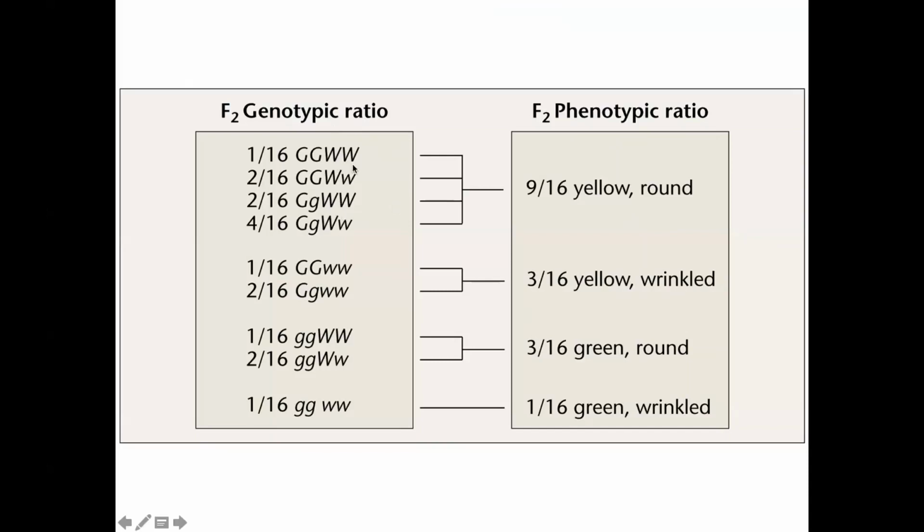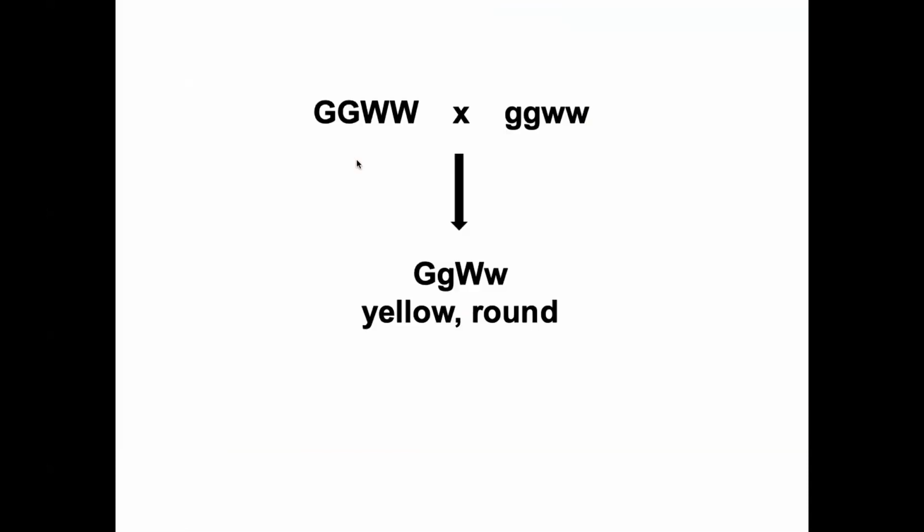So for instance, if I chose an F2 plant that had yellow round seeds and had the particular genotype of big G, big G, big W, big W, what would I predict in terms of a segregation pattern among the test cross progeny? So here's the cross, and here's the predicted outcome.